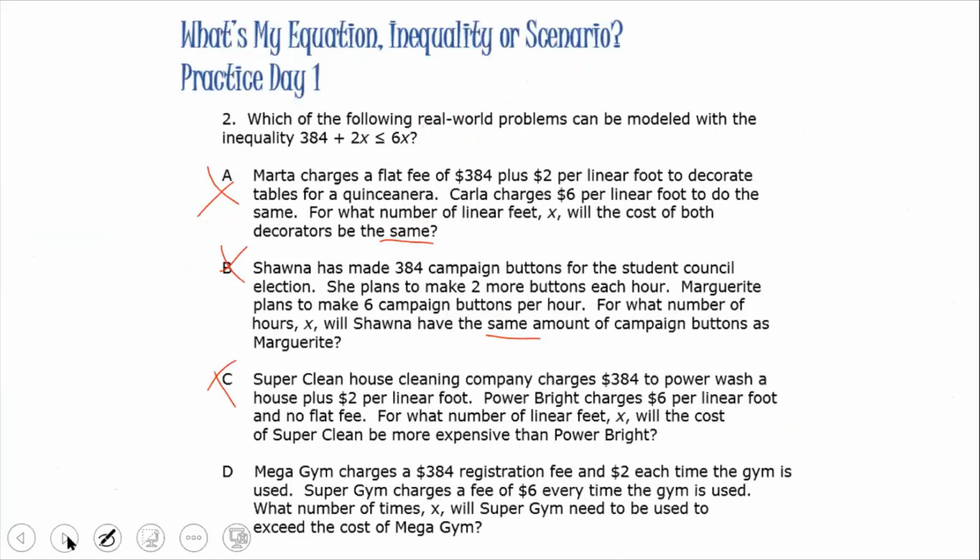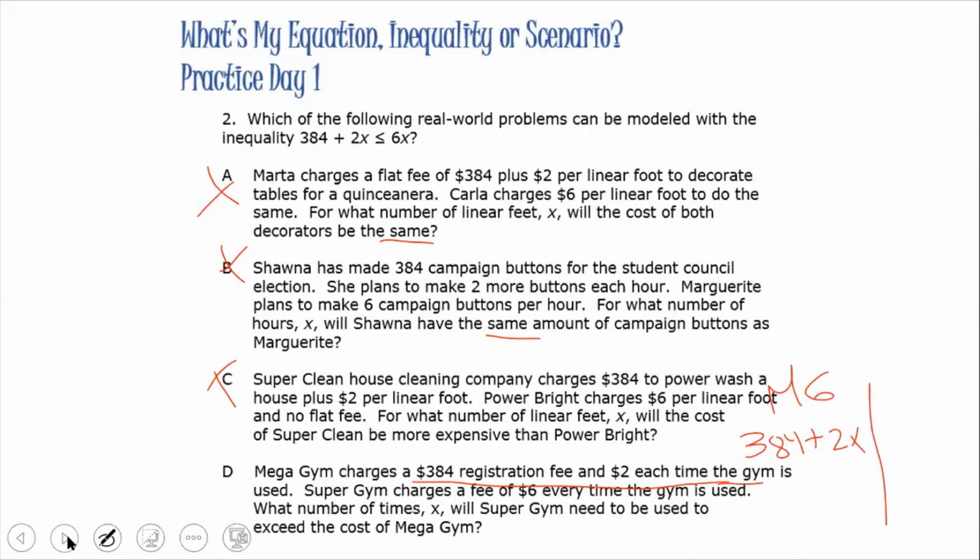So if you say Mega Gym charges 384 plus 2 each time the gym is used. So that would be Mega Gym 384 plus 2x, right? I'm going to do my line.